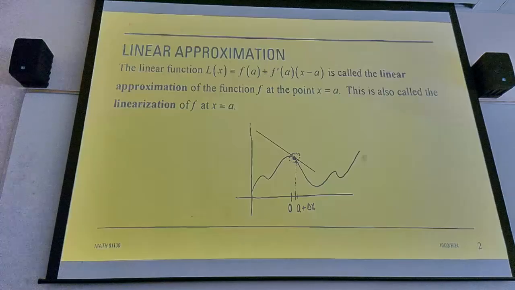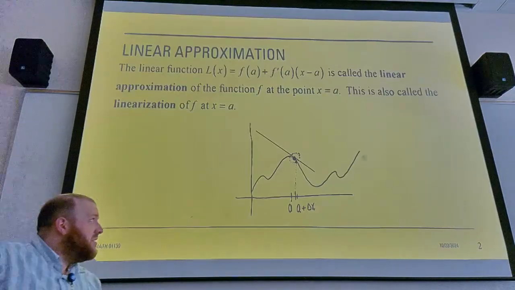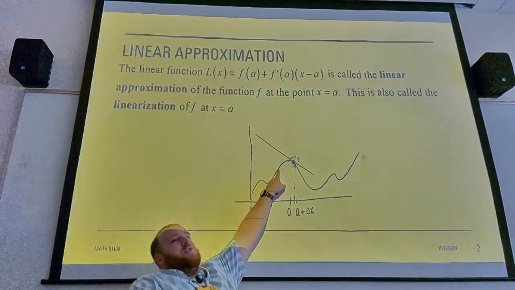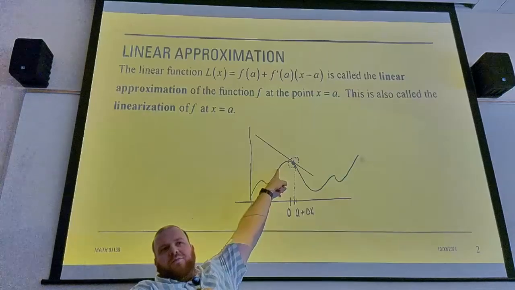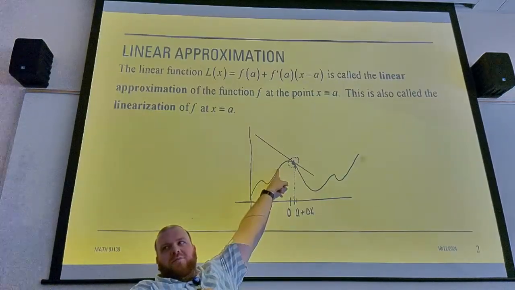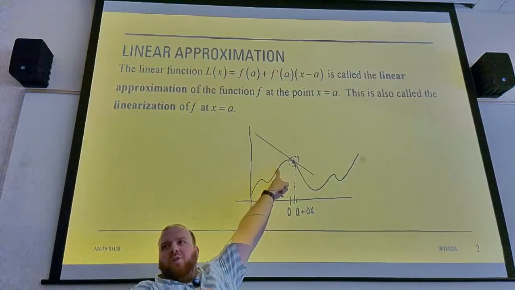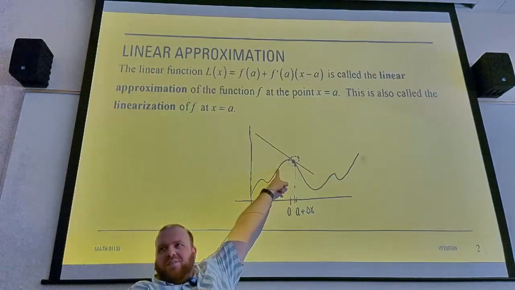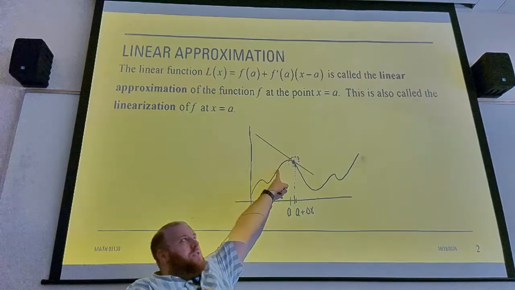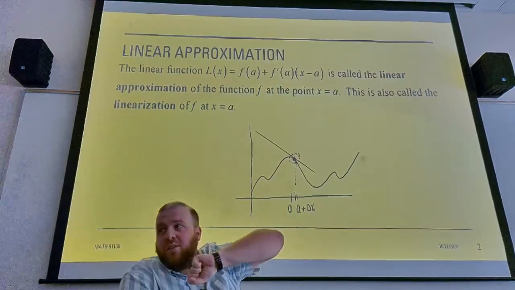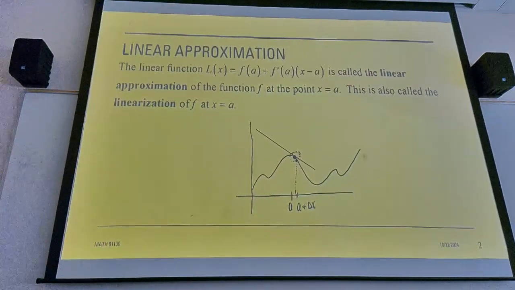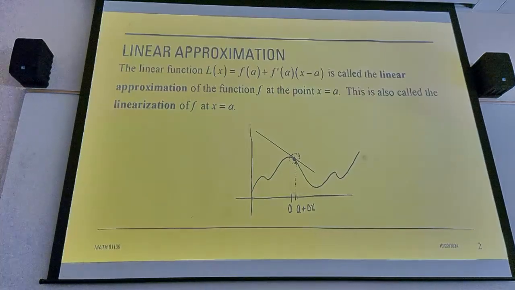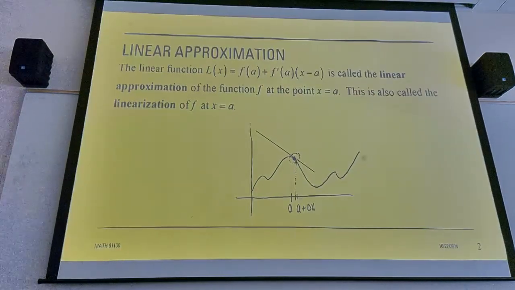Would that tangent line approximation be any good here? Not going to give me a good value at all. The error is going to be insane. So the approximations are only good if your delta x, your arbitrary change, is really small, so really close to that point.